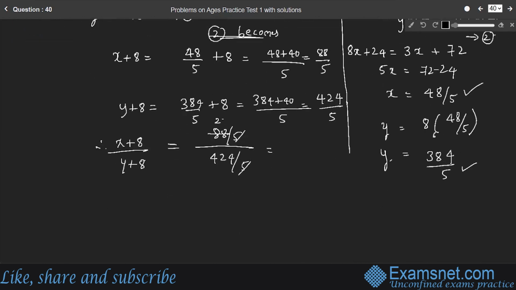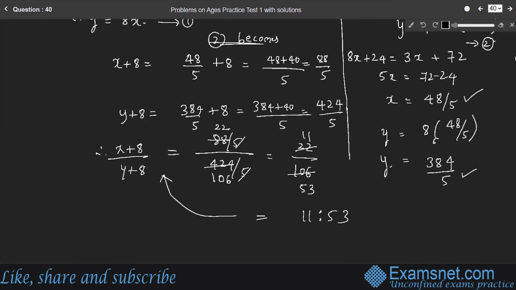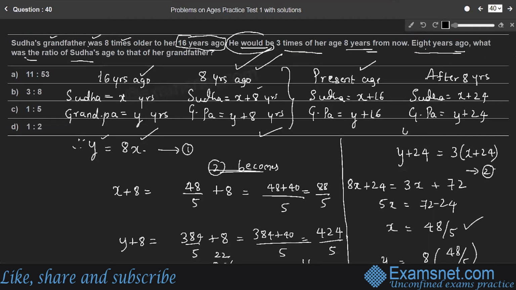So 4 into 22 is 88, 4 into 106, so 22 by 106. Again 22 can be divisible by 2, so 2 into 11, 2 into 53. Therefore, the required ratio is 11 is to 53. 8 years ago, Sudha's age to her grandfather's age ratio was 11 is to 53. Option A is the right answer.